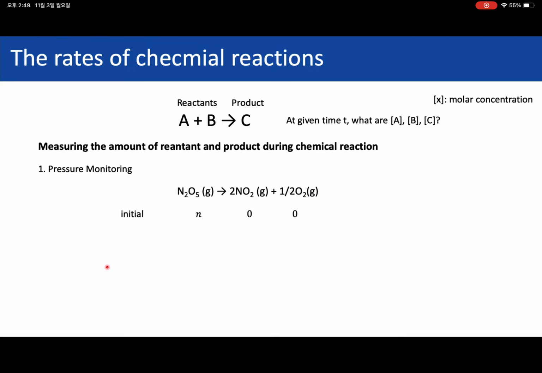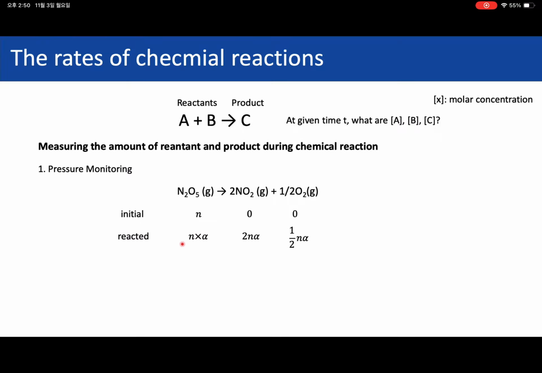Let's consider that initially we have n mole of N2O5 gas. Since it's before the reaction, we have 0 mole of nitrogen dioxide and oxygen gas. Let's say after some time t, let's assume that the fraction of N2O5 gas that has reacted is alpha.